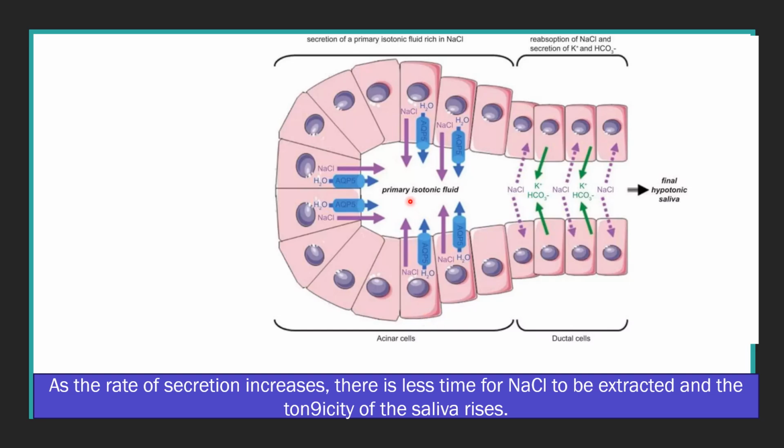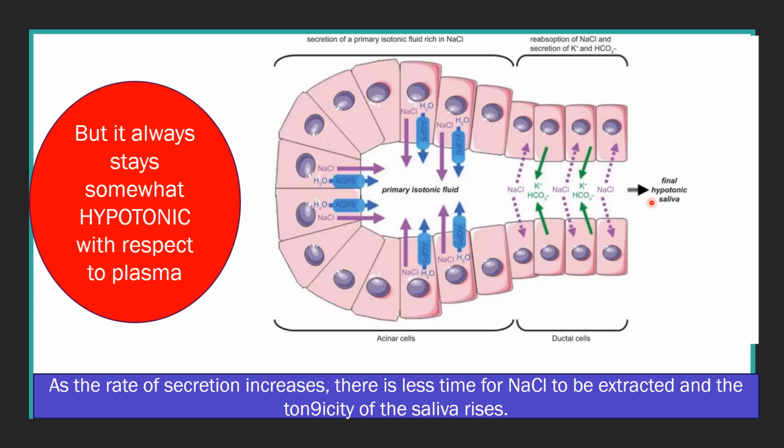At the low flow rate, particularly during low secretion, this phenomenon is true. That is, when the saliva moves along the duct, at the end of the duct it will become hypotonic. But if the flow rate increases, as the rate of secretion increases, what will happen?